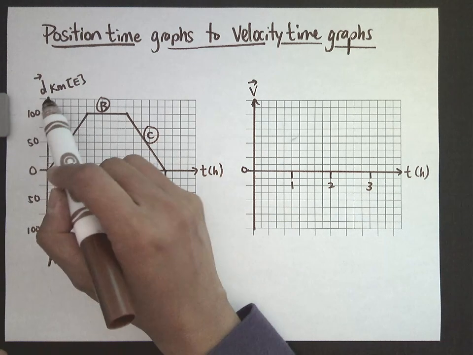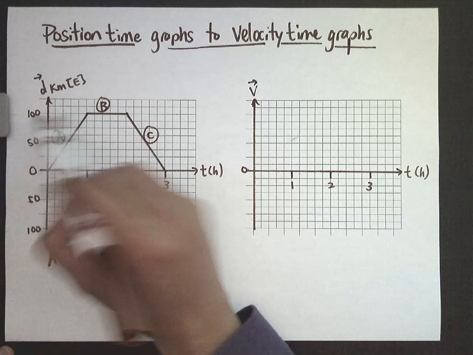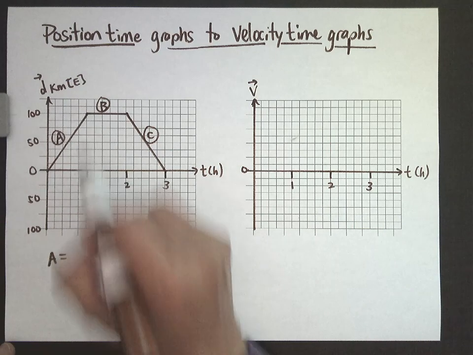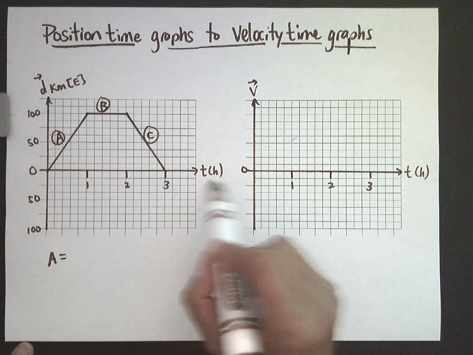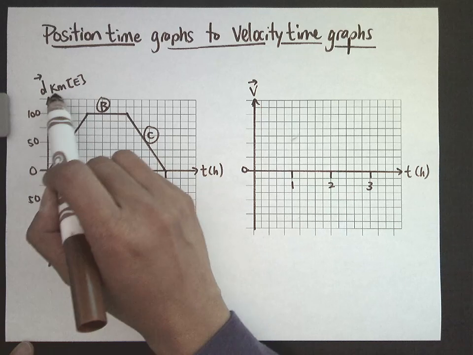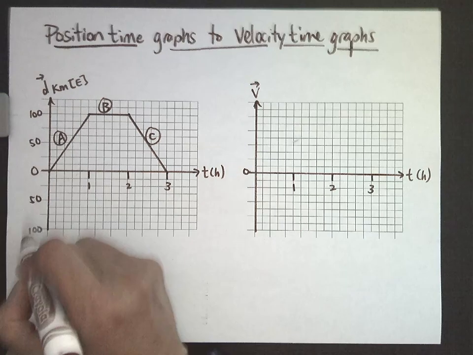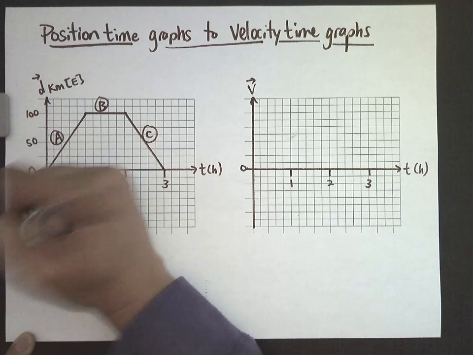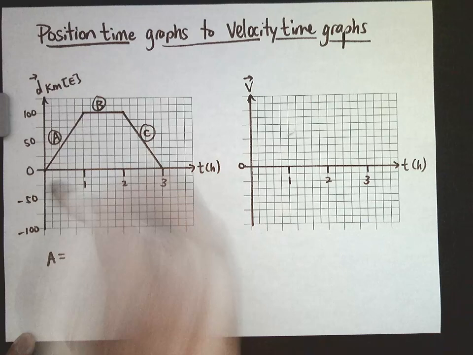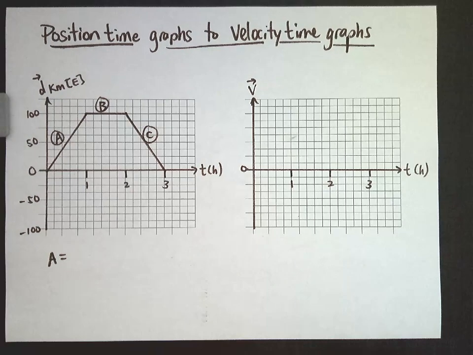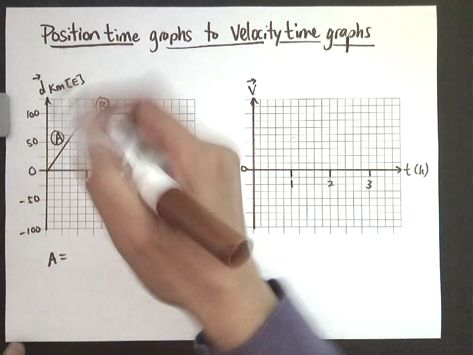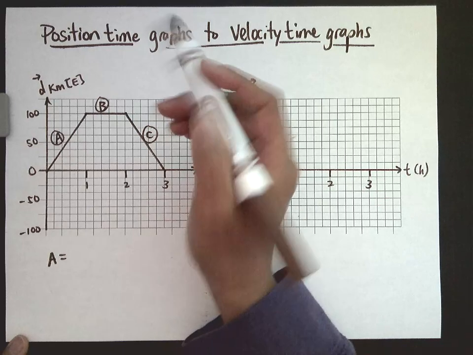You'll notice that the position is 100 kilometers east after 1 hour. So the times are in hours, position is kilometers east. Notice you could put negatives here if you like, or you can label that west, it doesn't matter, okay? But essentially, it's pretty much a straight linear line.